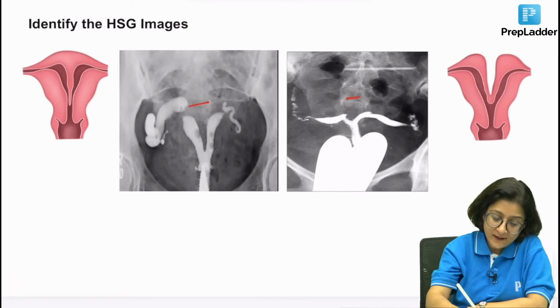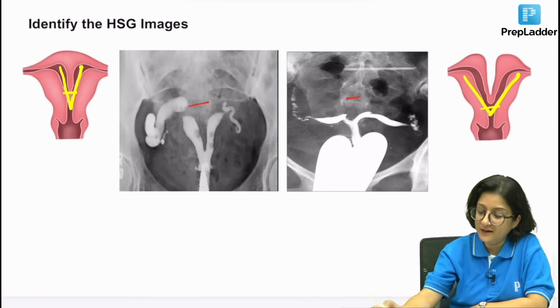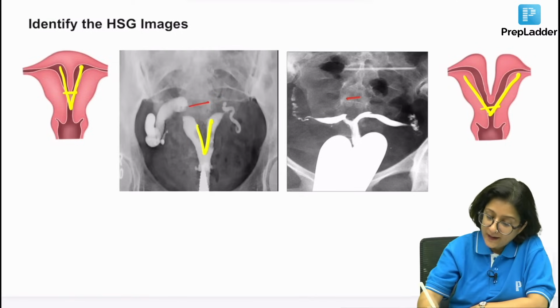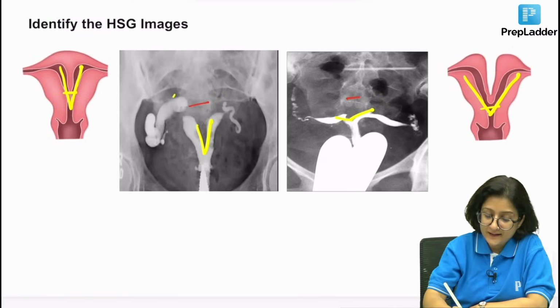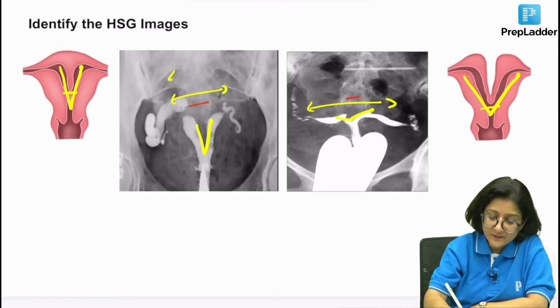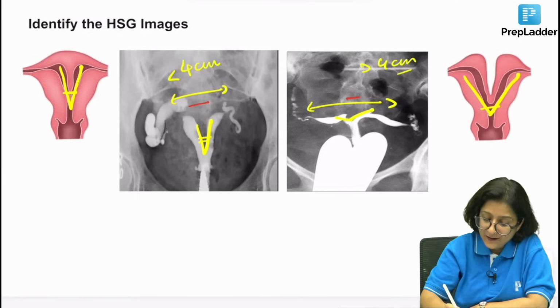You can see here that this angle is acute, and you can see this angle is much bigger, okay? And then there is the distance between the horns, which can be difficult to measure on an image, less than 4 centimeters. But the angle you can see.